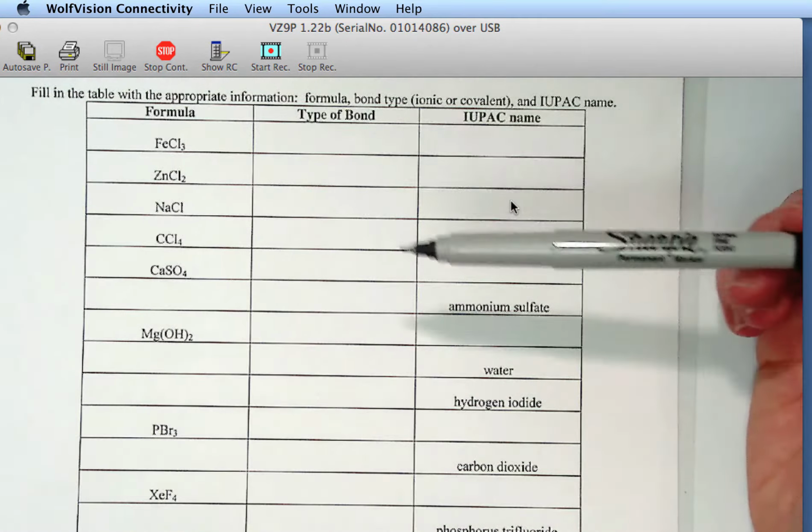So I want you to look up the electronegativities on your periodic table for each of the following bonds. All right, so what did you find out for carbon? 2.55.